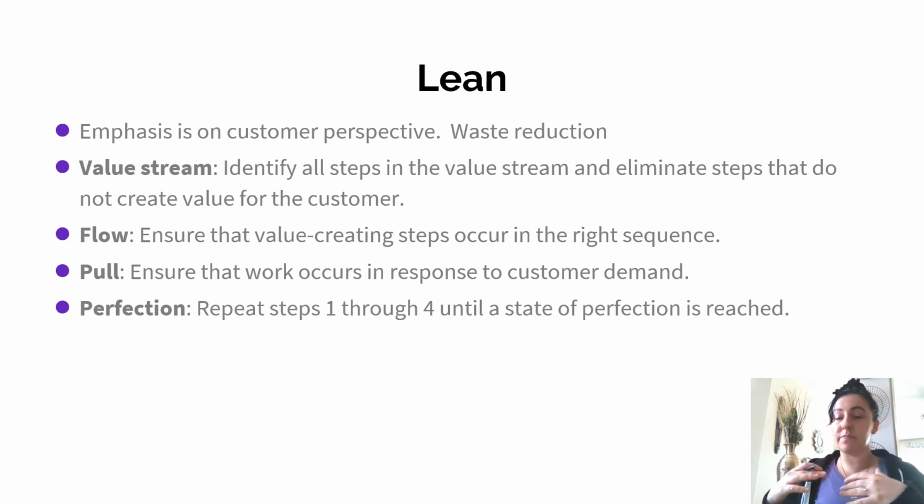Your organization should focus on the customer, so figure out exactly what they are demanding, what they want, and that is how you're going to figure out what your work is going to be, the different things that you need to do or change in response to what the customer is demanding.